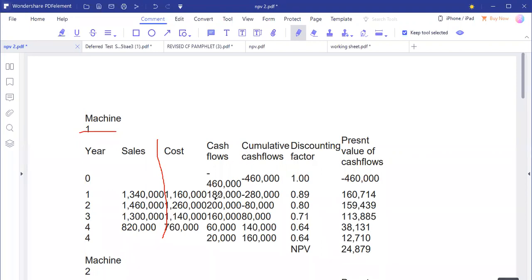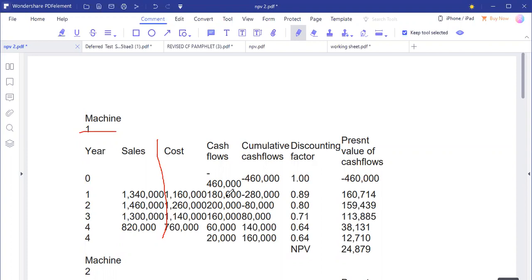It is 180,000. Okay, so 180,000 is how much we have as the net cash flows for year number 1.